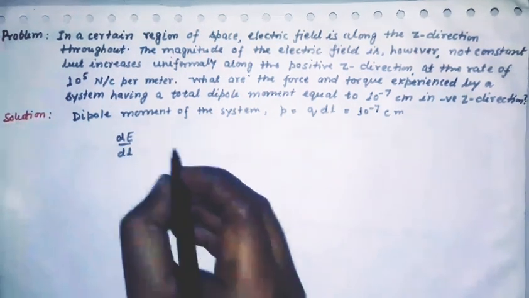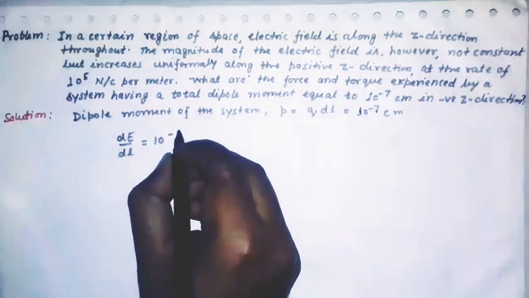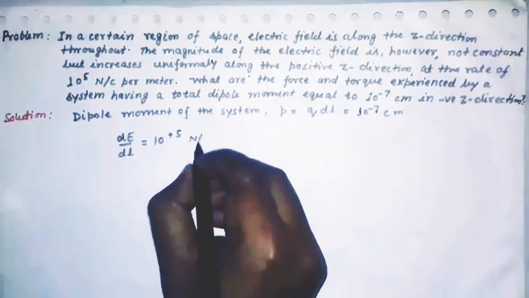Rate of change of electric field with respect to length is 10 to the power plus 5 Newton per coulomb per meter.